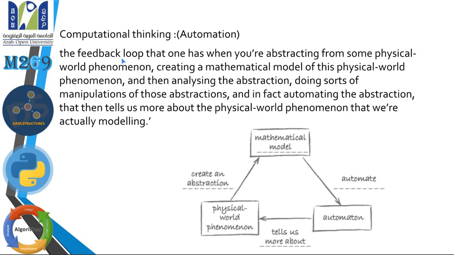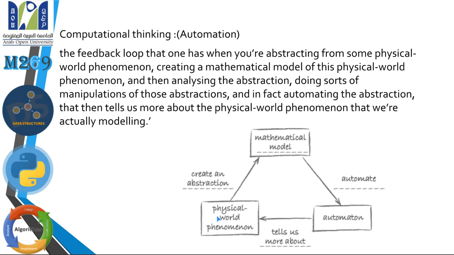If you want to understand what computational thinking means exactly, we need to start from the physical world. This is the physical world problem: you are facing a real problem. Now we are facing a problem, for example, with the coronavirus. We need to find a solution, otherwise we will sit at home. That's why we came up with online or distance learning.